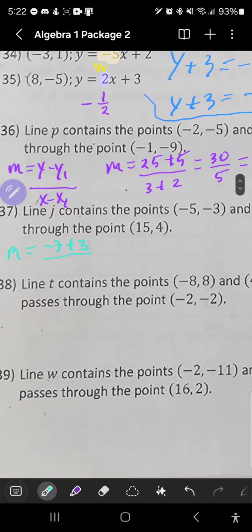Now this is going to be 5 minus minus 5, which is positive, so plus 5. And -7 plus 3 is -4. We give the sign of the bigger one, we subtract them. And 5 plus 5 is 10. I can divide this by 2, and I'm going to get 4 divided by 2 is 2, 10 divided by 2 is 5, so we get negative, we give the sign, 2 over 5.